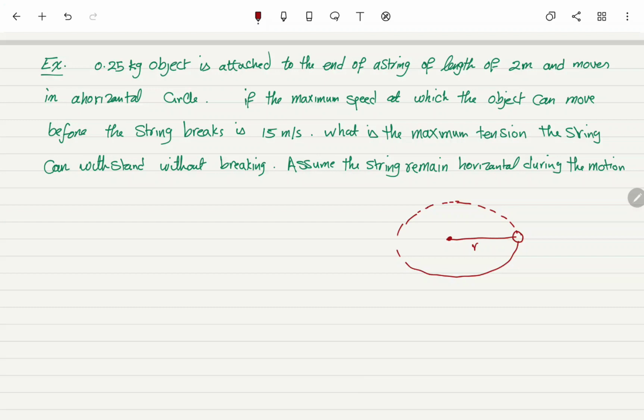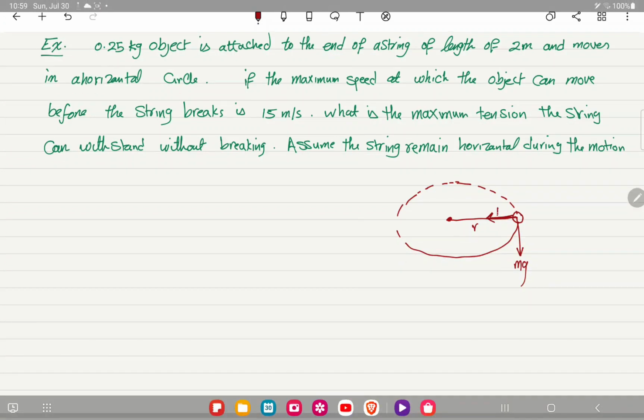We need to find the maximum tension the string can withstand before breaking if the maximum speed is equal to 15 meters per second. Now let's identify the forces on this object. We have actually two forces. One is the weight, directed downward, and the tension going to the center of the circle.